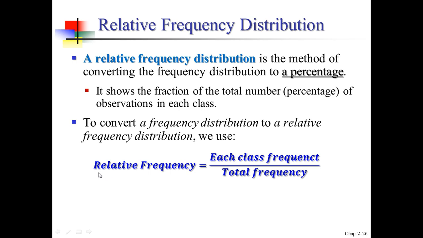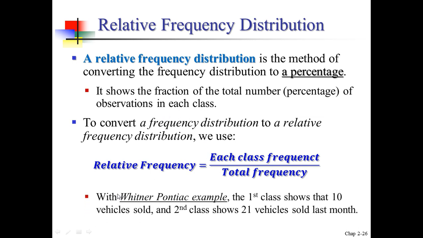In order to find the relative frequency of class 1, you need to take the class frequency from class 1 divided by the total frequency. So to convert a frequency distribution into a relative frequency distribution, you need to use this formula. Relative frequency distribution is the method of converting a frequency distribution into percentage or proportion. It shows the fraction or percentage of the total number of items in each class.